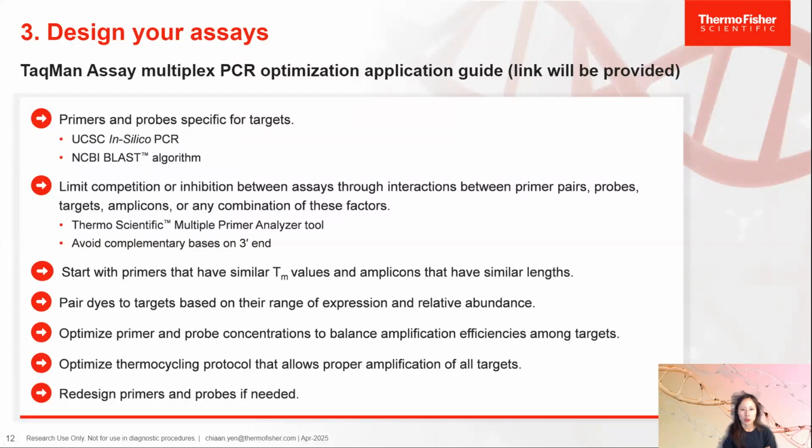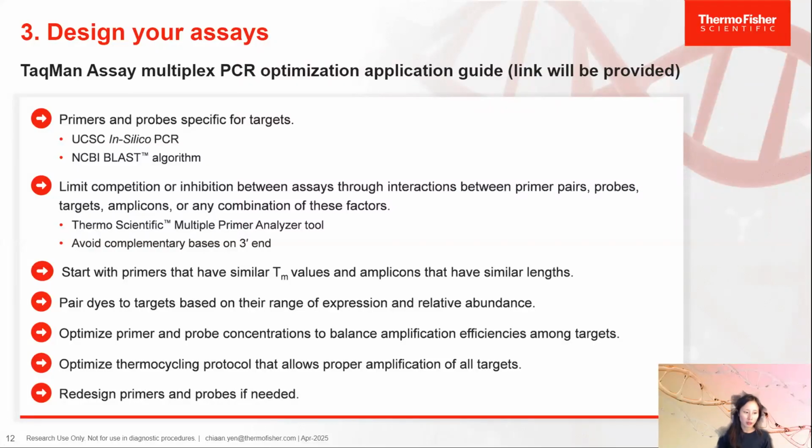I showed you different dyes in the previous slides. The dyes are different in their brightness: FAM and ABY are the brightest, then VIC and JUN, and then Cyanine 5 and Cyanine 5.5 are the dimmest. There is a certain strategy for pairing your dye with your target. If you know you have a target that's very robust, for example an endogenous control gene, that could probably safely go with the dimmer dye, like Cyanine 5 or Cyanine 5.5.